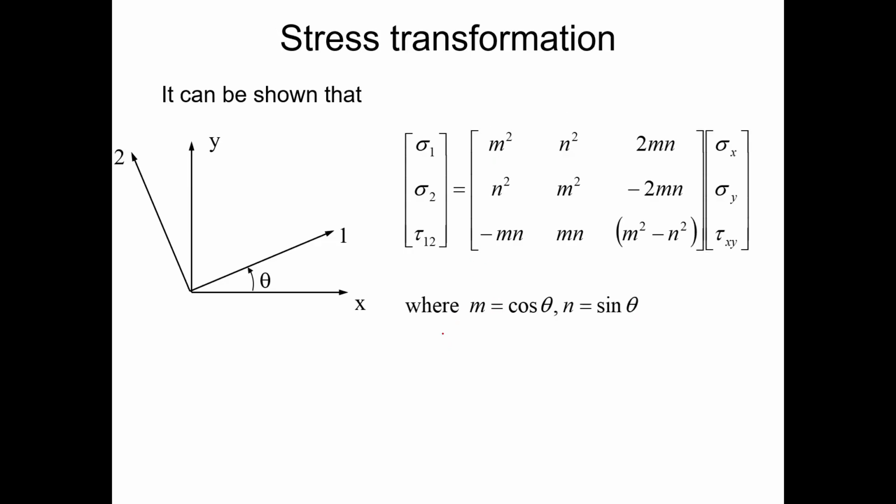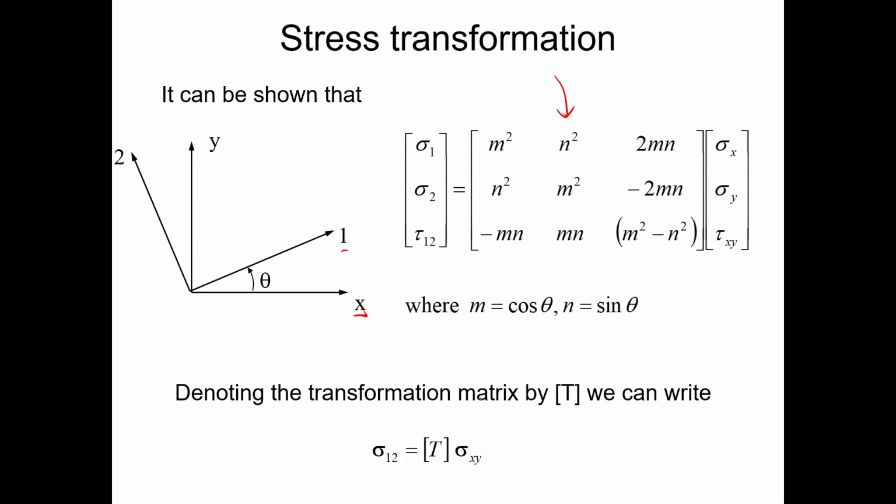Basically, we can do a stress transformation. Suppose you have the original material stress at 1, 2, and now you want to rotate your stress to x and y. Suppose that angle is theta between your x and 1 axis. We can use this stress transformation matrix to find it out.